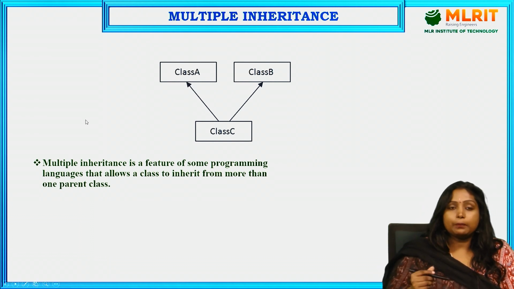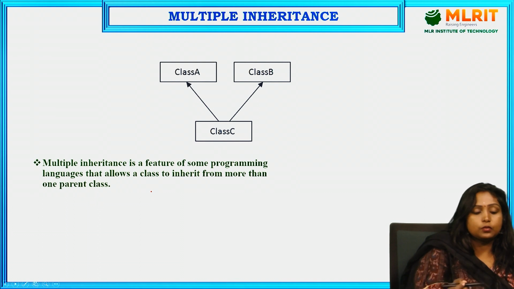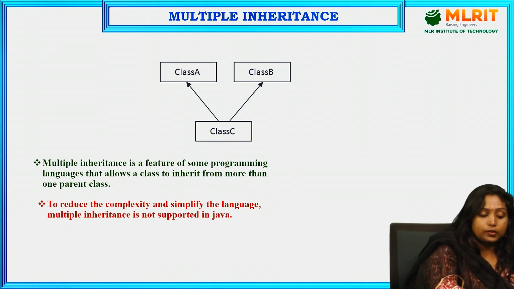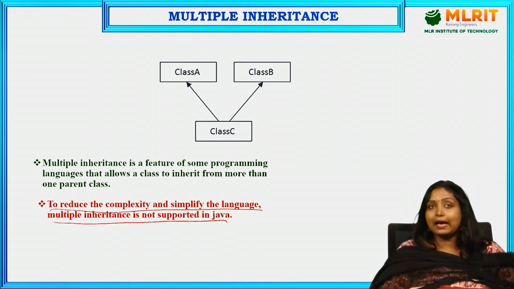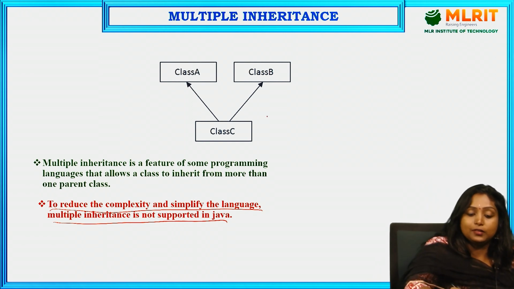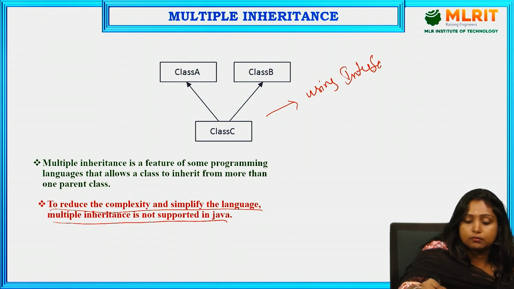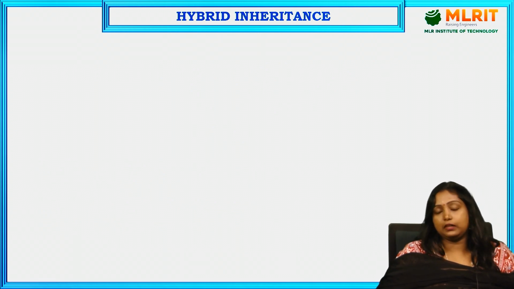Some programming languages allow a class to inherit from more than one class, but to reduce the complexity and simplify the language, multiple inheritance is not supported in Java directly, but it can be supported using interfaces.